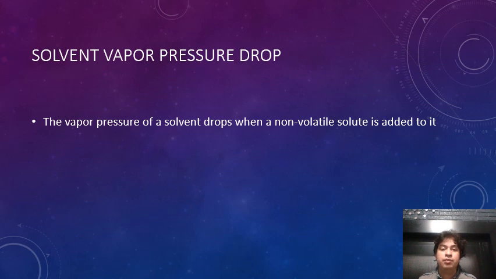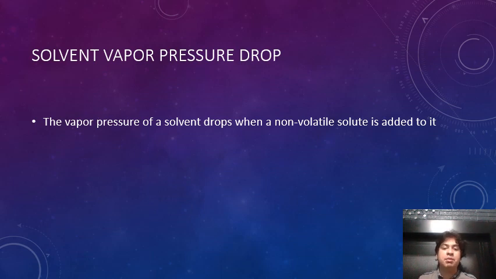Number one, it decreases the number of solvent molecules on the surface. Number two, the appearance of attractive force between the solute molecules and the solvent molecules, making their passage to vapor difficult. The more solute we add, the lower the observed vapor pressure.